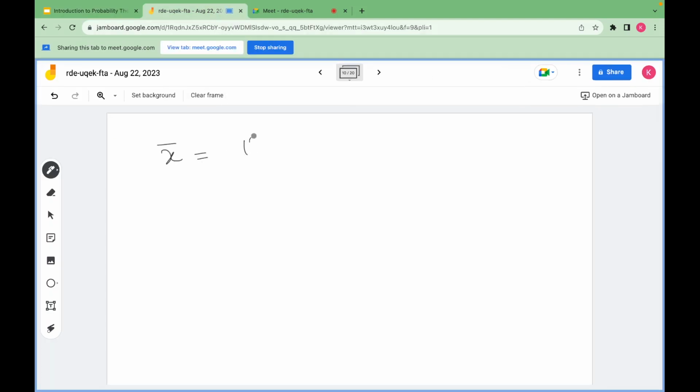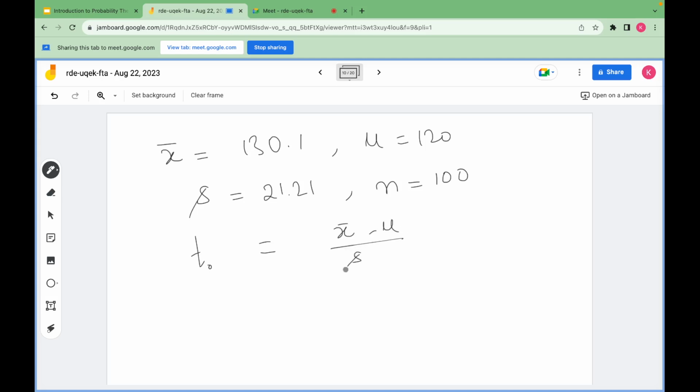So x bar is 130.1, mu is 120. The standard deviation for the sample is 21.21. Sample size is 100. Now we will calculate our t statistic, which is x bar minus mu upon s divided by root n. This value comes out to be 4.762.